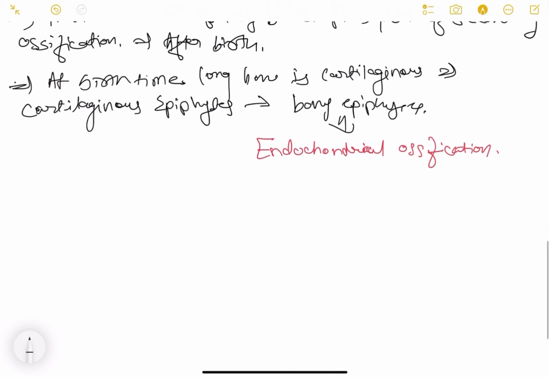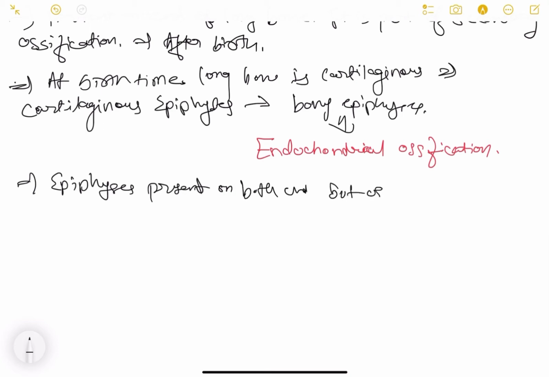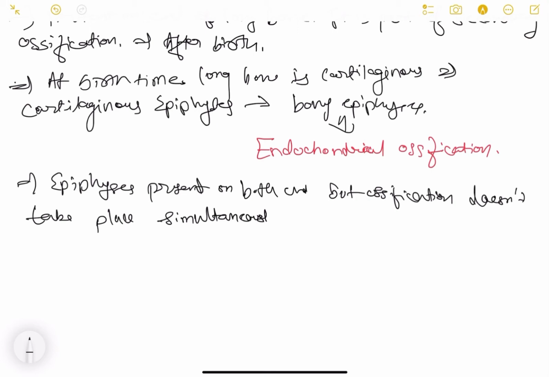Now one more thing, epiphysis is present on both ends. But ossification does not take place simultaneously. So what does it convey? That epiphysis occurs in both ends, but ossification takes place one by one.